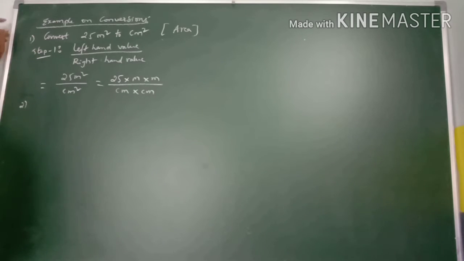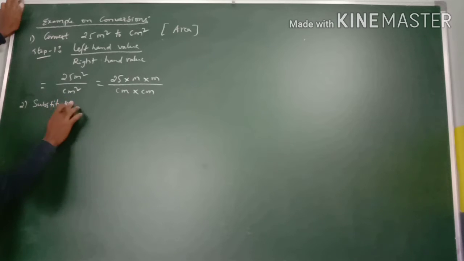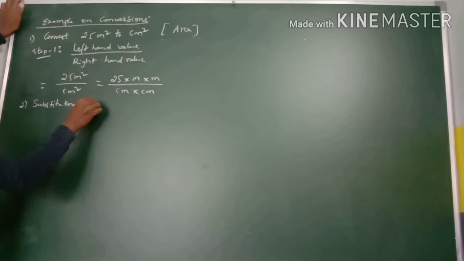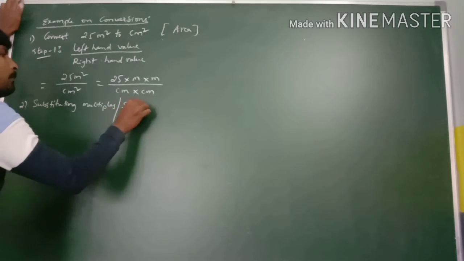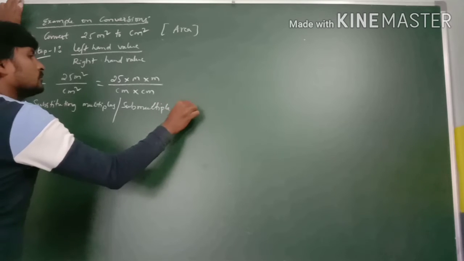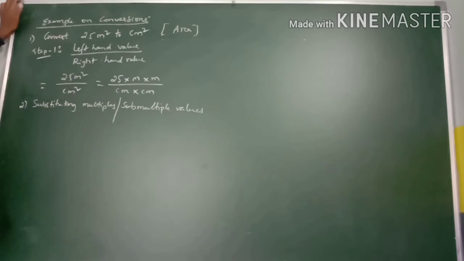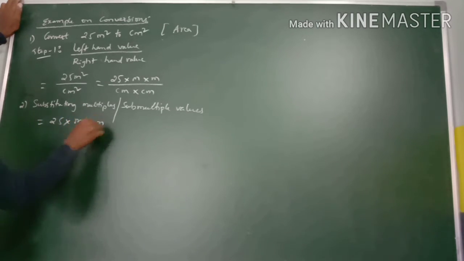Second step. What is the second step? Substituting multiples by submultiple values. So that is equal to 25 into meter into meter.